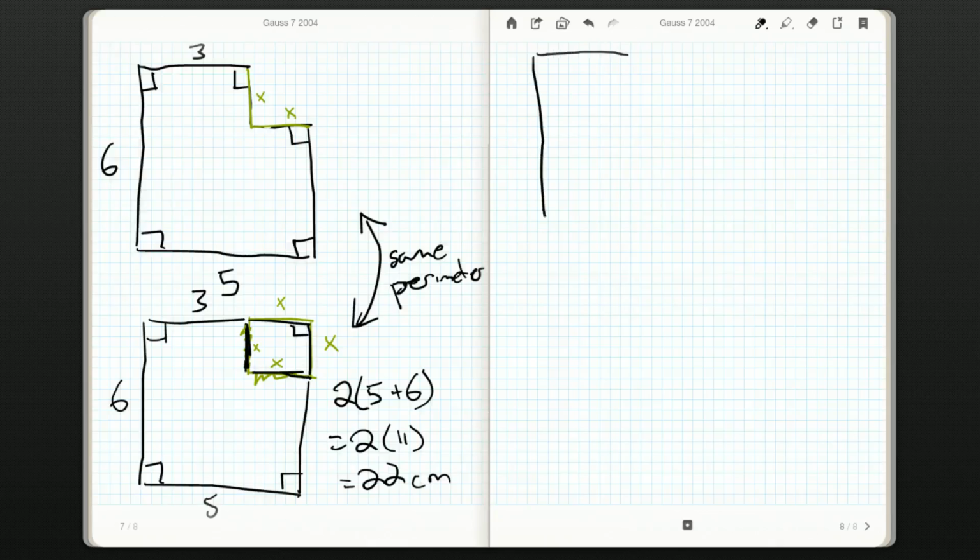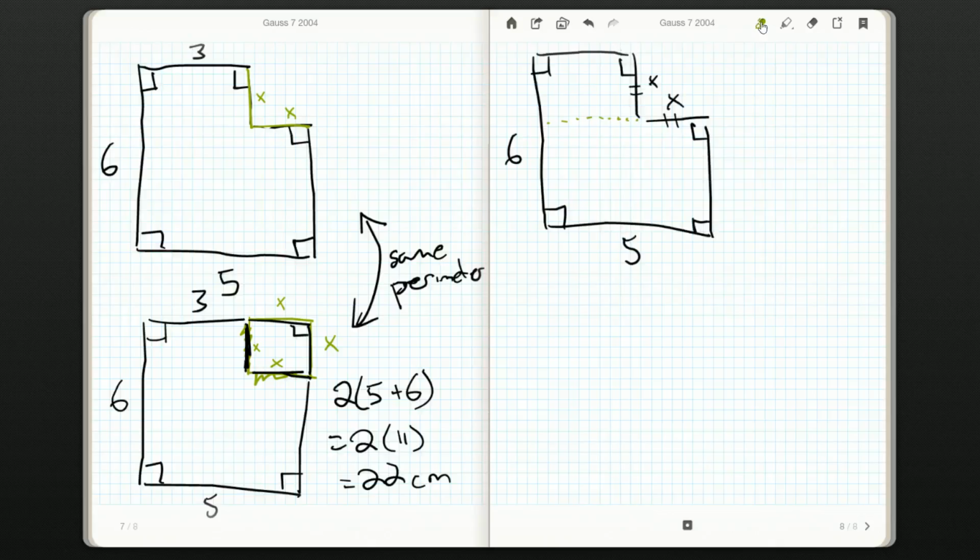Let's redraw our picture. Some of you might have done it this way. Okay, so we've got our X's here. It's the same length. So one thing I can think of is, rectangles, sure. One thing we could do is break this down into some smaller rectangles. Okay, so we had a 3 up here.